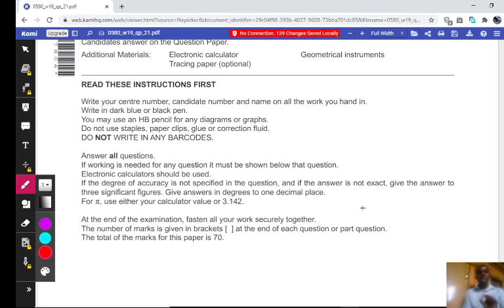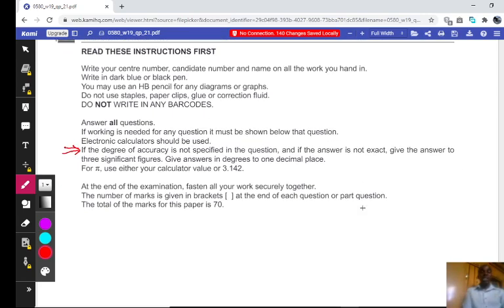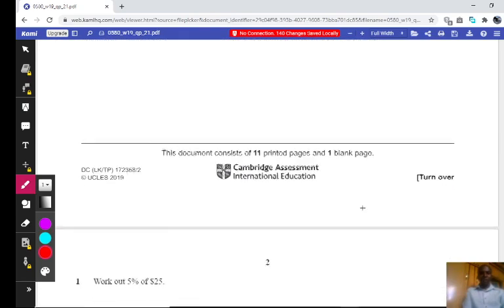And the main instruction that you have to take note of is the degree of accuracy. If the degree of accuracy is not specified in the question, and if the answer is not exact, give the answer to 3 significant figures. Give answers in degrees to 1 decimal place. Please take note of that part. It's very important.